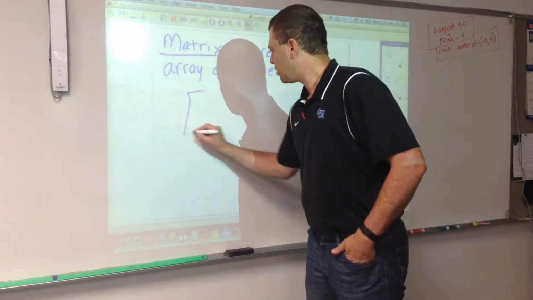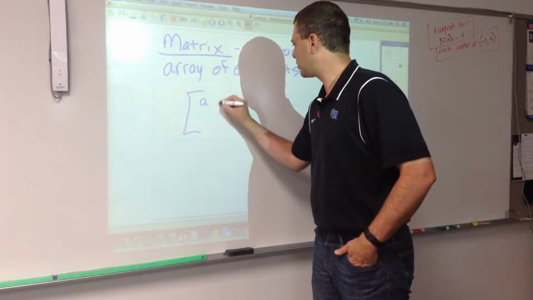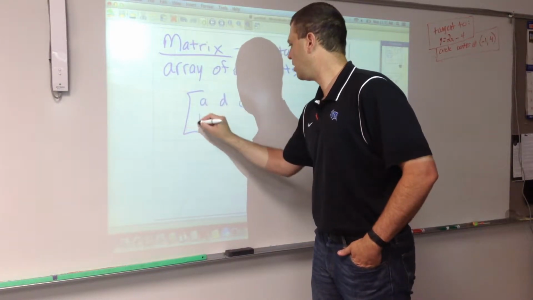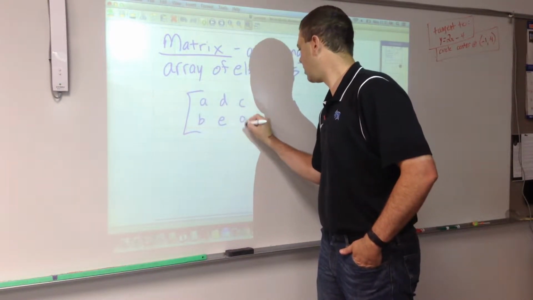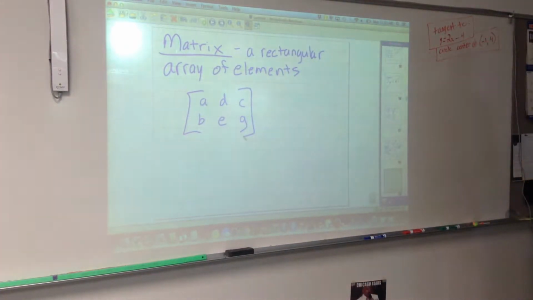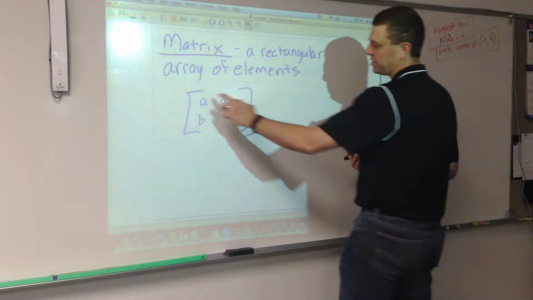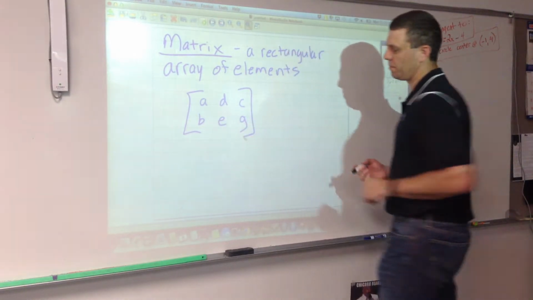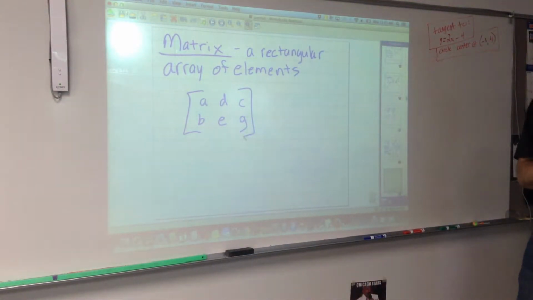So you might have a matrix that looks something just kind of random there, where it's a rectangular array of elements. This one had 6 particular elements in it. I just used variables here for the time being, just kind of random order, nothing special at all about it.